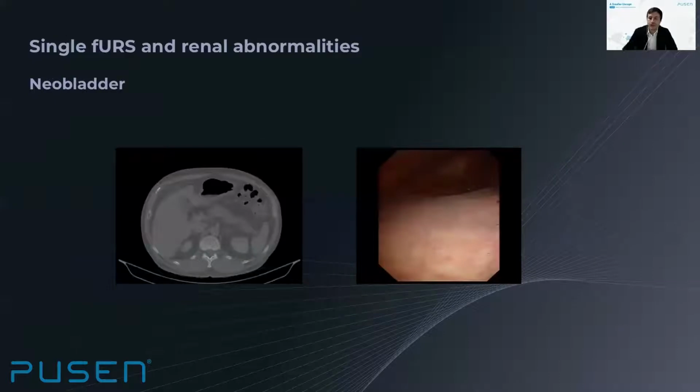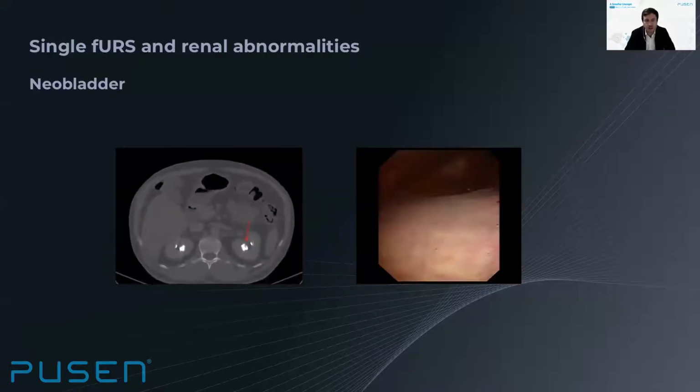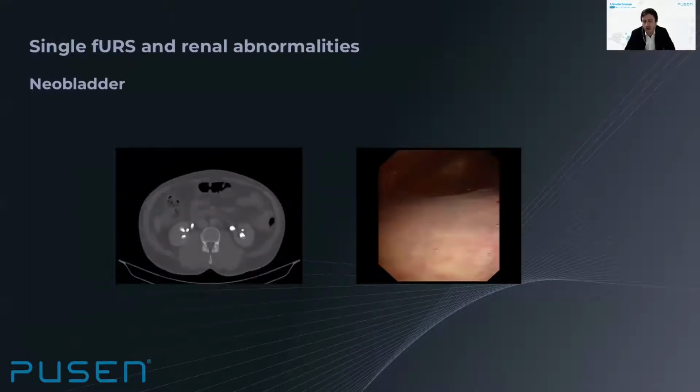This is another example of challenging ureteral anastomosis due to the angle of the insertion of the ureter in a patient with a neobladder. On the CT scan, we can see a suspicious lesion in the upper calyx.